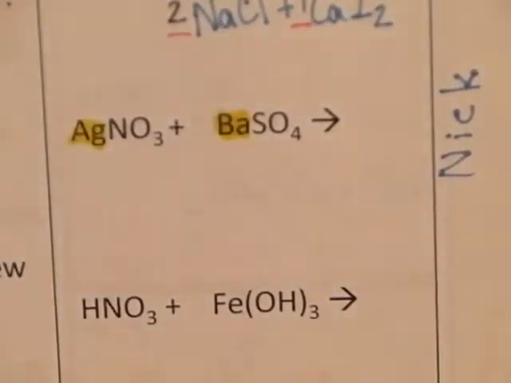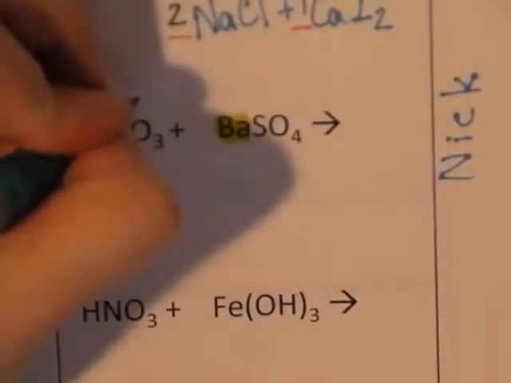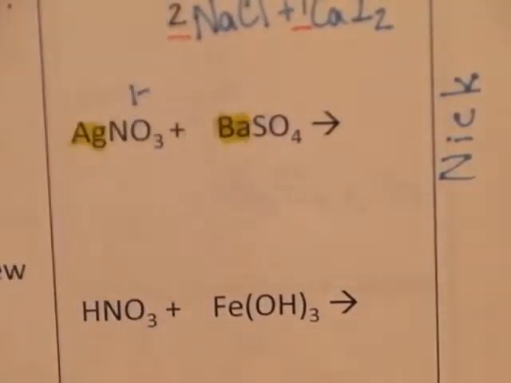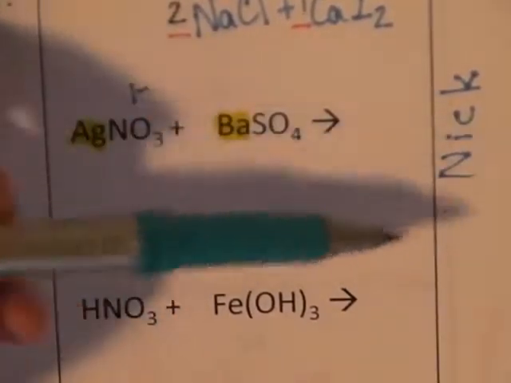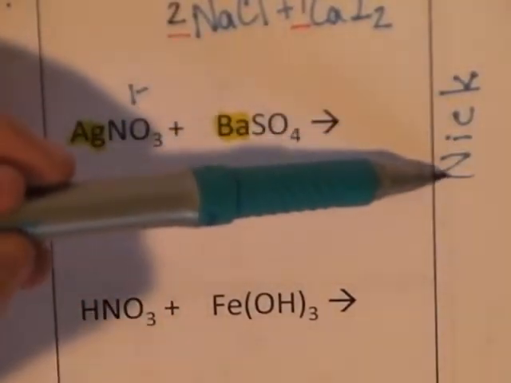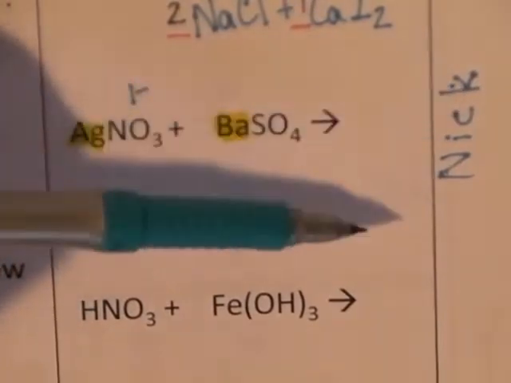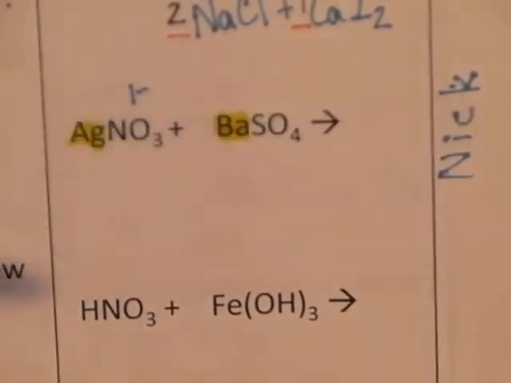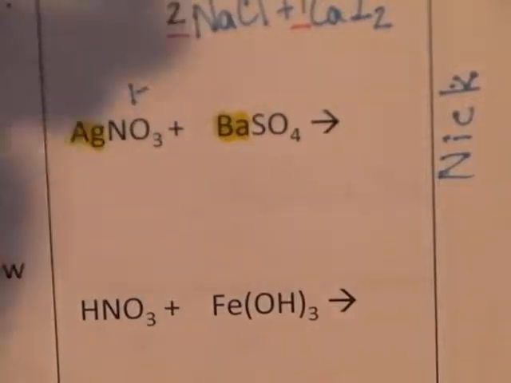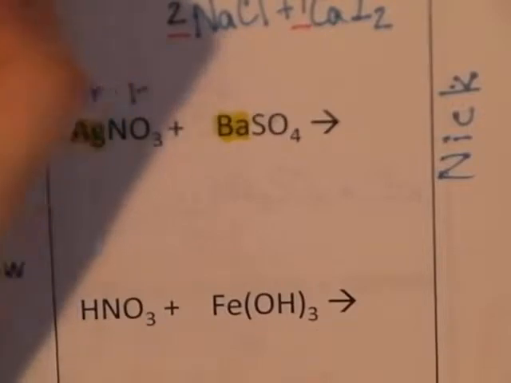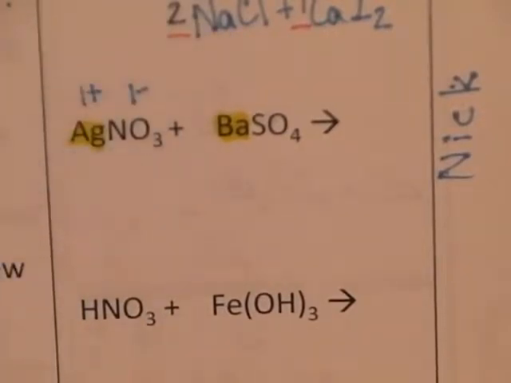Well, nitrate, ATE, that means it's polyatomic, right? It comes from our chart. So regular, you could look it up and see that it's a -1. Honors, you can see that obviously it's NO3 because of the N, C, K, and Nic, and then it's -1 because of the I. So that means what charge did this silver have? It had a +1.